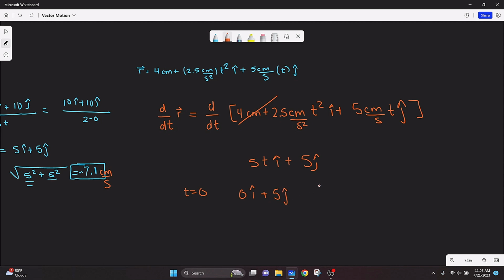And so the magnitude of this is just going to be the square root of 25, which is 5. And that's the instantaneous velocity, meters per second.